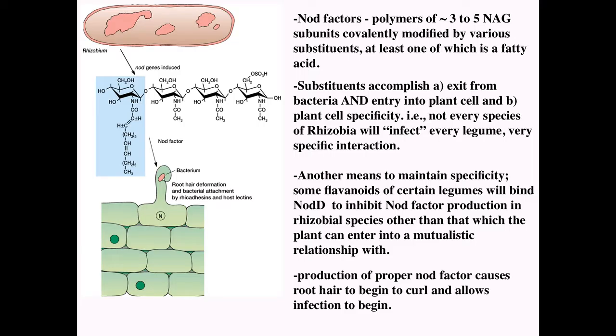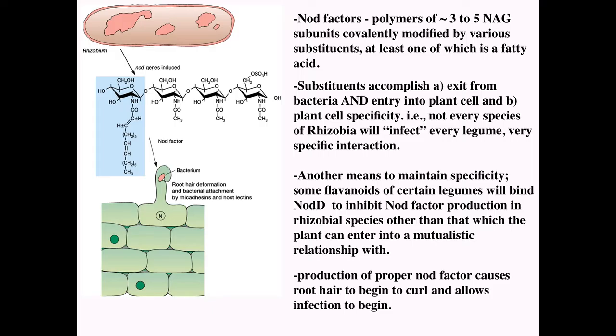Flavonoids from peas, let's say, have the ability to bind to the NOD-D of the bacterium that would colonize beans. And when that happens, they'll actually inhibit NOD factor production in those bacteria. So those bacteria can't carry on a conversation. They can't answer back. So it's a way to make sure that only the correct bacterial species finds access to these plants.